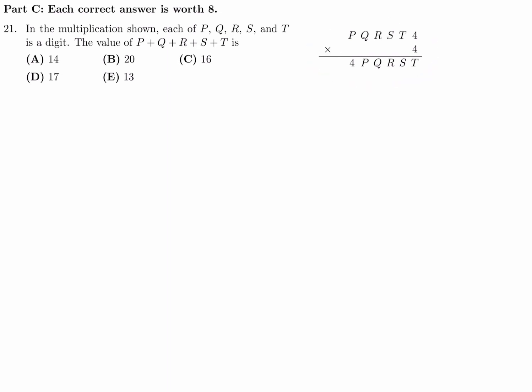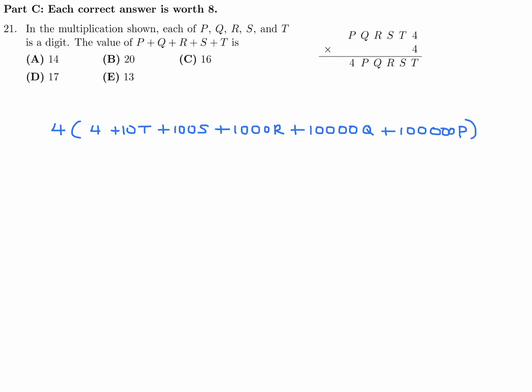Let's write this out. So the top is going to be 4 times 4 plus 10T plus 100S plus 1000R plus 10,000Q and then 100,000P.